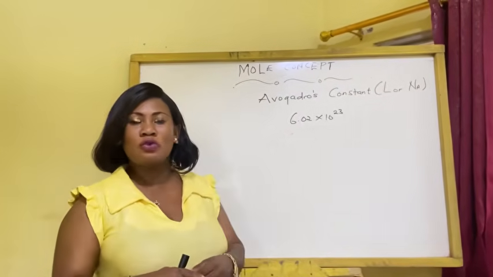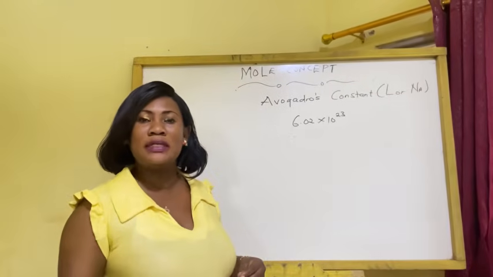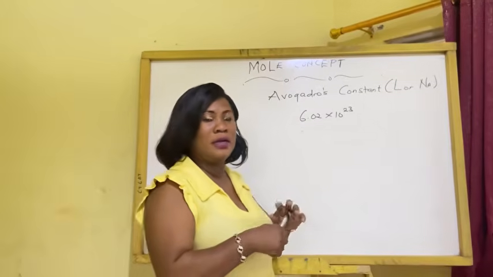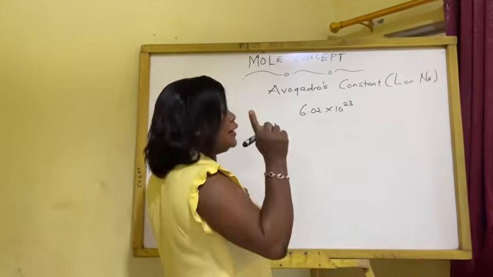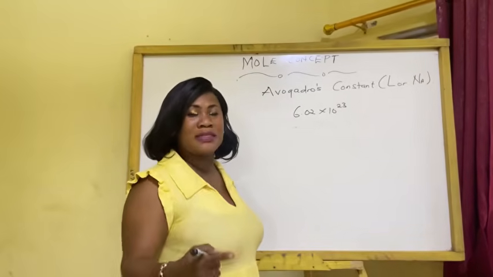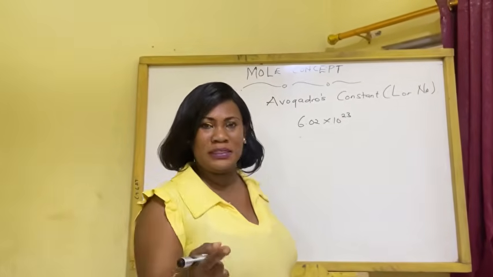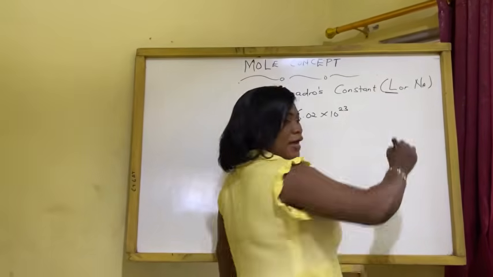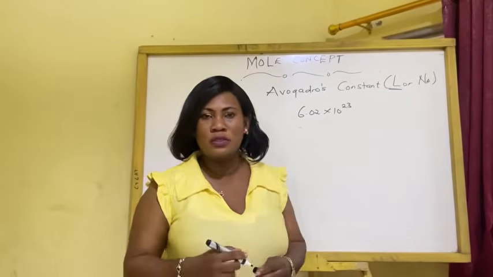And the Avogadro's constant is also related to the amount of substance, which is the mole, and this is how they are related. Because you are going to encounter N as the amount of substance and also the number of entities, we want to drop this NA and rather concentrate on the L so that we don't get confused along the line.